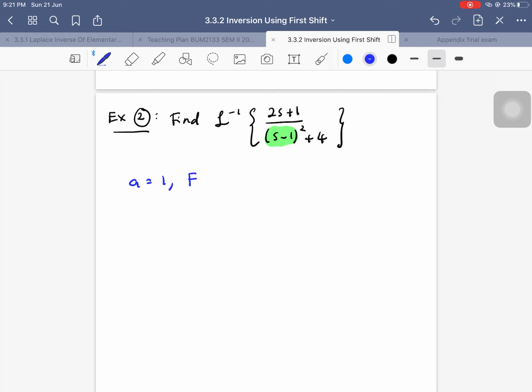So my function is going to be f of (s minus 1) equals (2s plus 1) over ((s minus 1) squared plus 4). These two always match. This is s minus 1, and this is going to be s minus 1 as well, because that is how we derive it. We identify the value of a. And then, of course, the next step is converting this to a function of f of s.